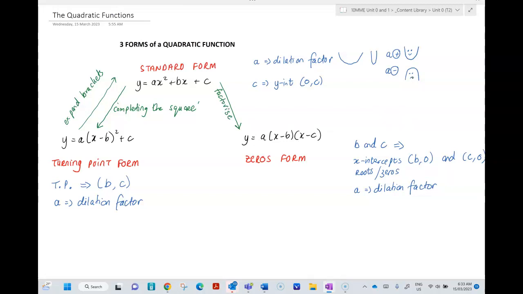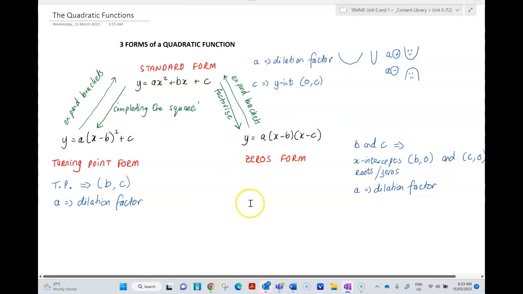That's not new. And then to go back from zeros form to standard form, all we need to do is expand the brackets. So, a nice, neat summary in your theory books. Big picture, a quadratic function appears in three different forms. And in our next lesson, we will specifically focus on the standard form first.